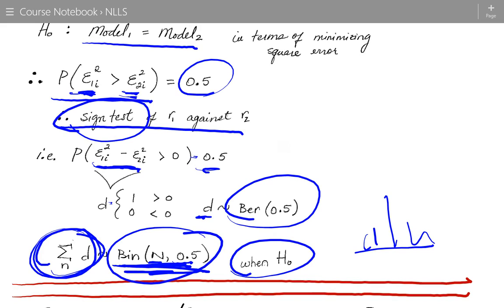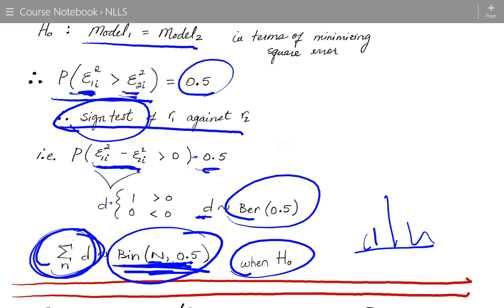Clarke's test can be done that way as well, only it's using the likelihood rather than the squared errors. So if you look up Clarke's test, and it is in the readings, you will get a fairly clear picture on how to use it. Notice that if the two models have a different number of parameters, then there is an adjustment to calculating the statistic, and his papers that I've given you in the readings will tell you what that adjustment is for the different number of parameters in the models.